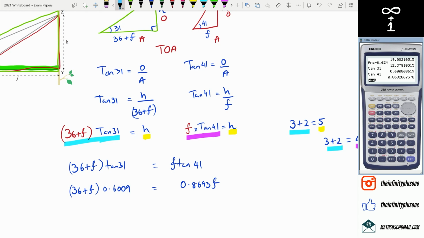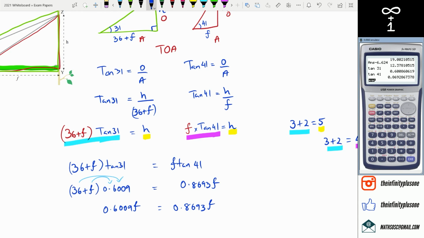The next part I need to do is expand these brackets. So my first one I'm going to get is 0.6009F equals 0.8693F.